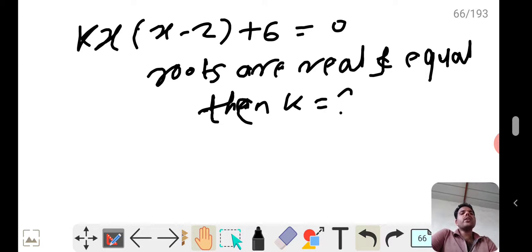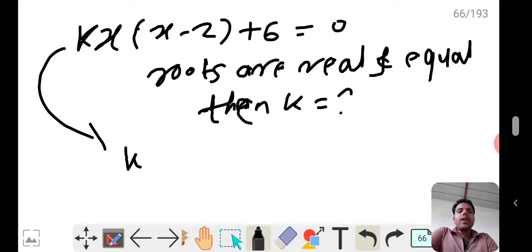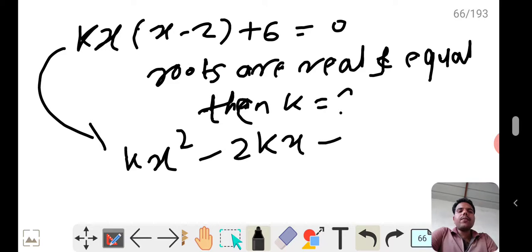To know the nature of a quadratic equation, we have to know the value of delta, that is b square minus 4ac, and for roots to be real and equal, the value of b square minus 4ac is equal to 0. By reducing this equation to the general form, we will get kx square minus twice kx plus 6 is equal to 0.